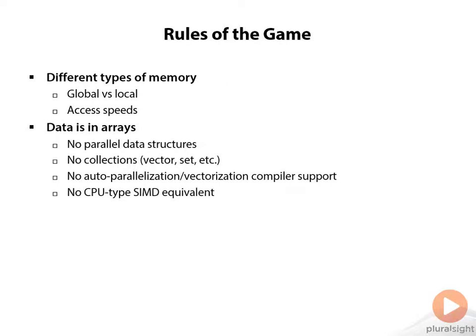So unlike libraries such as, let's say, Threading Building Blocks or the Parallel Pattern Library, or something like TPL if we're talking about .NET, unlike those libraries, CUDA doesn't give you parallel data structures or indeed any kind of data structure, parallel or not.